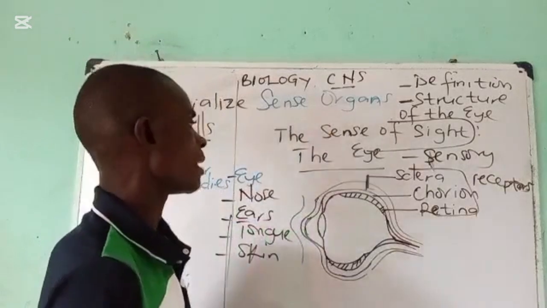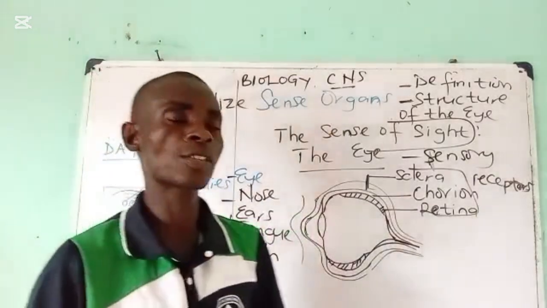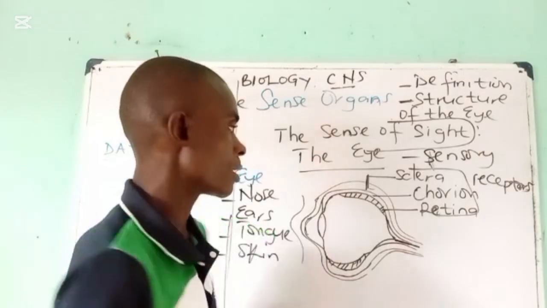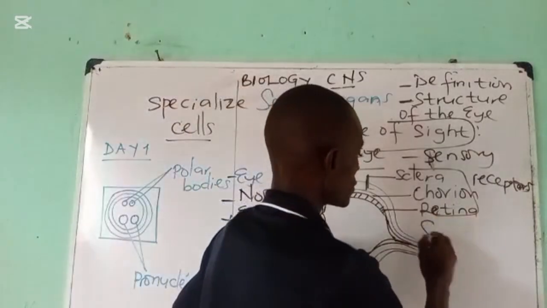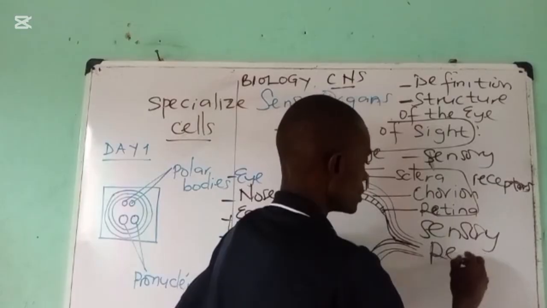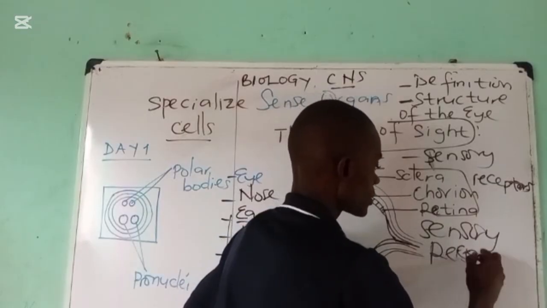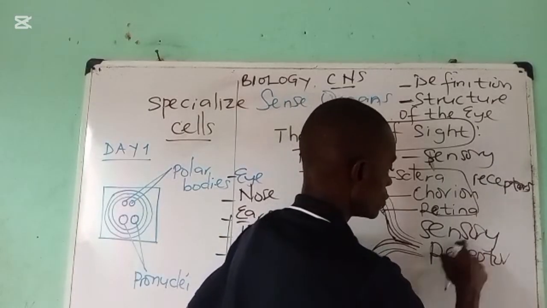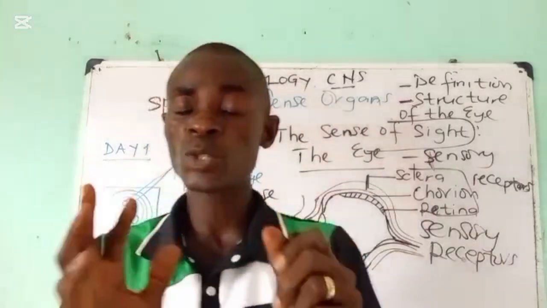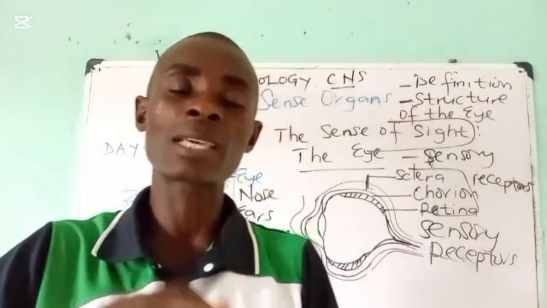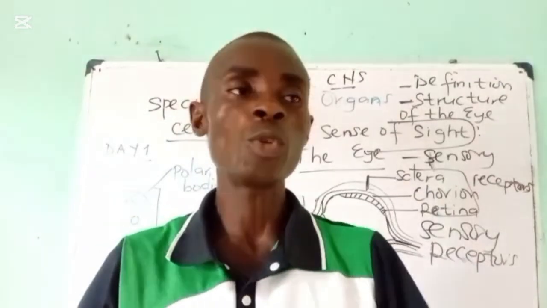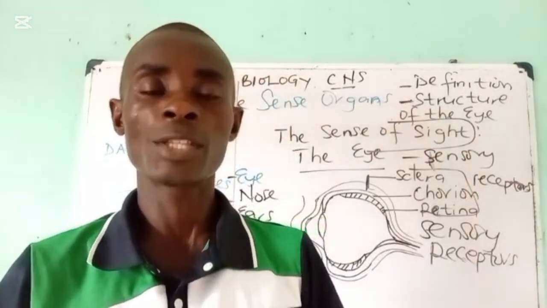Good. Now, which part of the sense organ detects the stimulus? It is the sensory receptors. Sensory receptors detect stimulus or stimuli. Sensory receptors are special cells which are present in the sense organs, and what they do is to detect the stimulus.